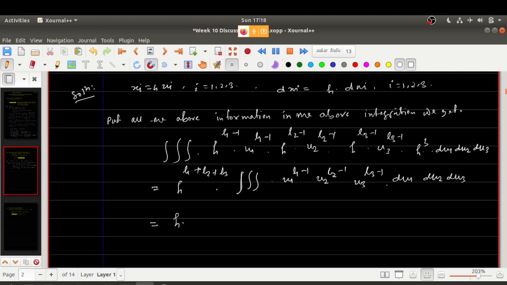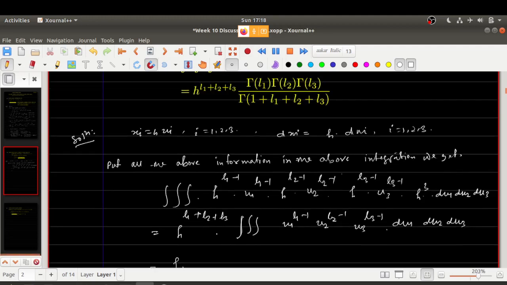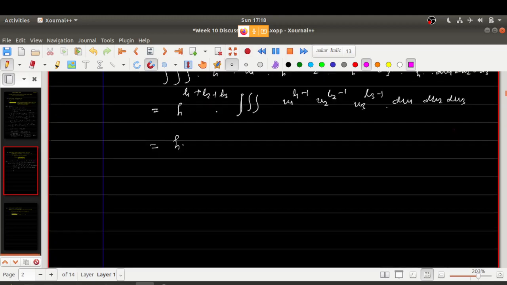Now all the ui's vary from 0 to 1. When xi is 0, ui is also 0, and when xi is h, ui is 1, so it varies from 0 to 1, right?